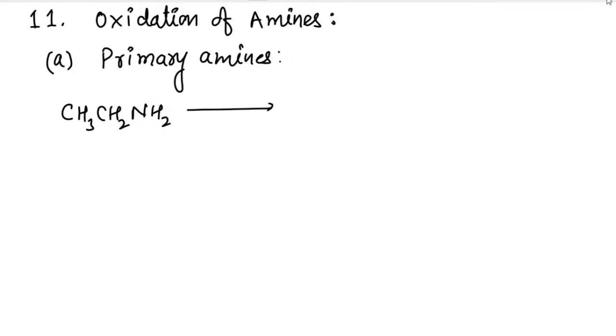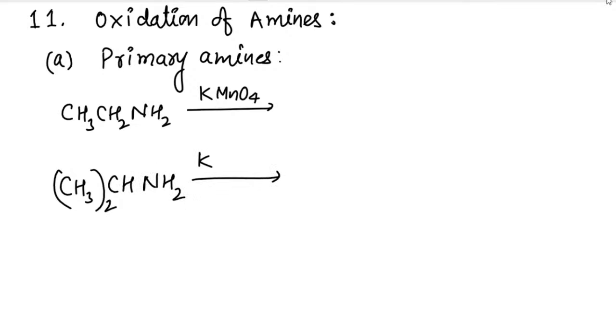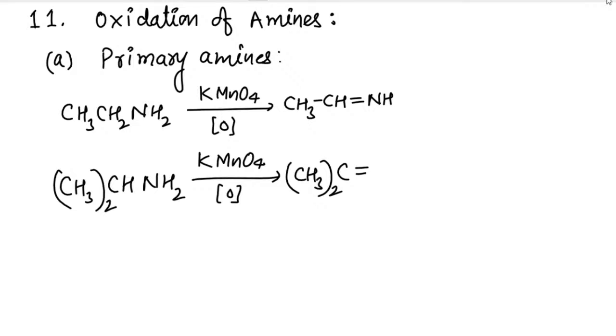When KMnO4 oxidizes ethylamine or even isopropylamine, in both cases first dehydrogenation takes place and we get imine as the product.